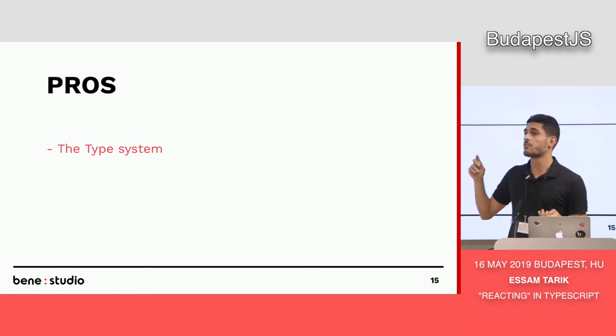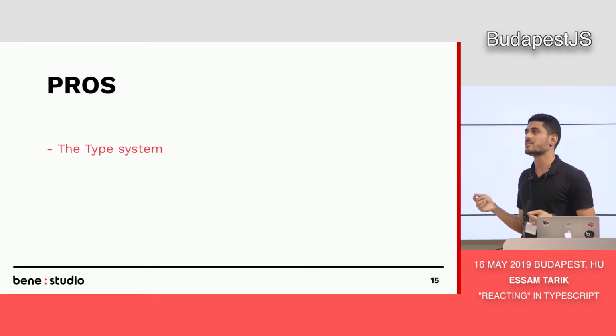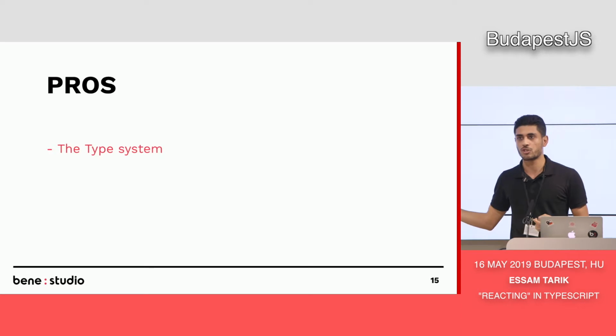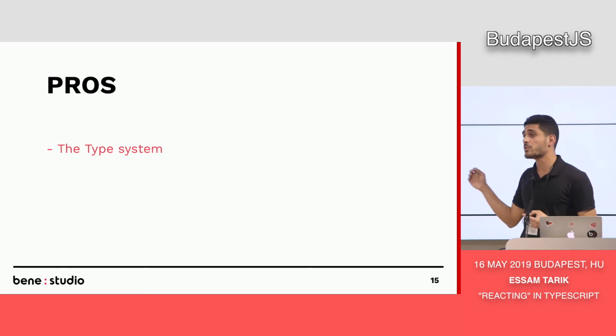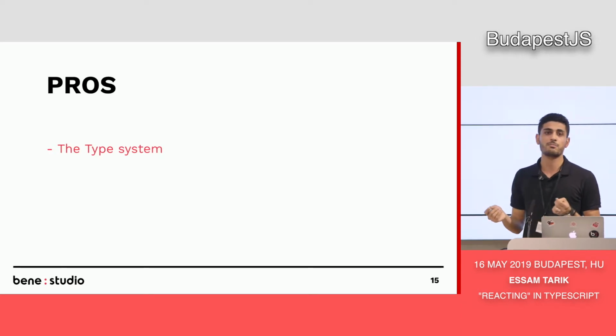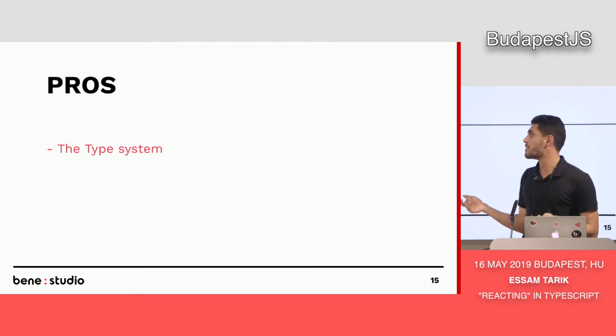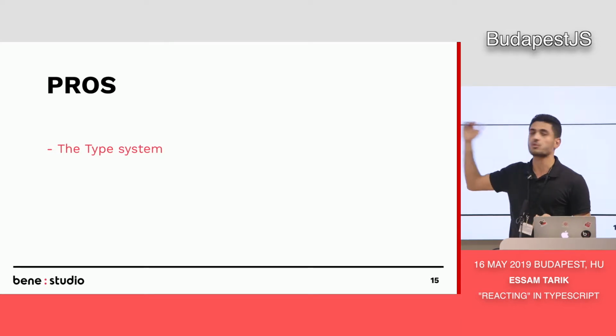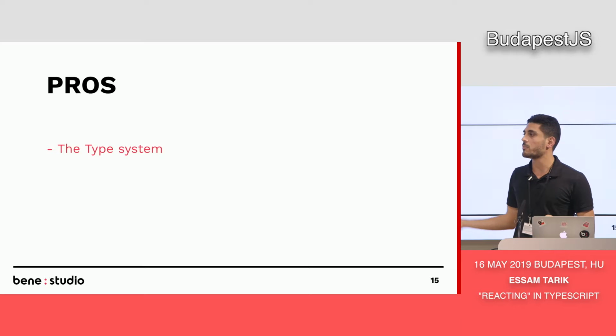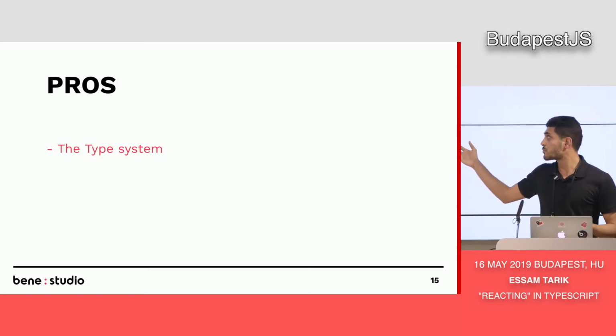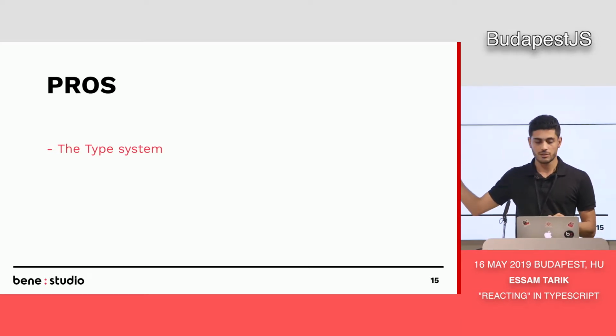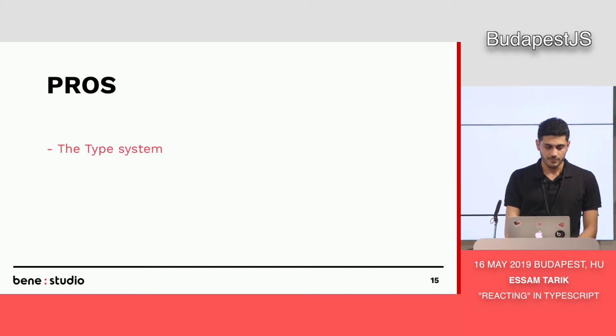You will avoid some of the mistakes that shouldn't go into production, that shouldn't go live. You shouldn't misspell a variable, you shouldn't misspell an argument, and then in return get a production deployment that doesn't work. TypeScript will protect you from that using the type system it has.